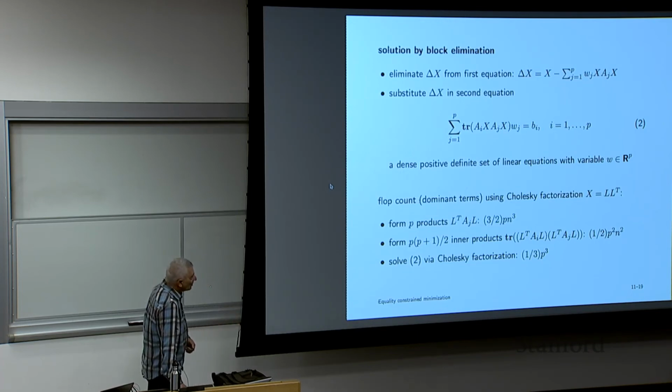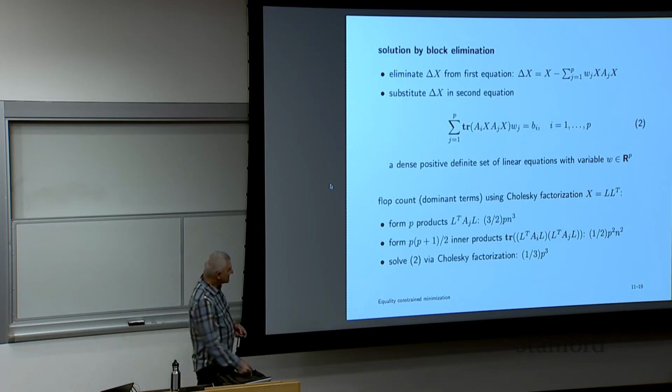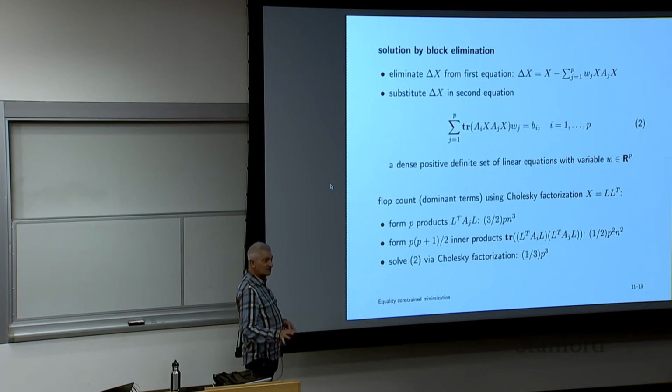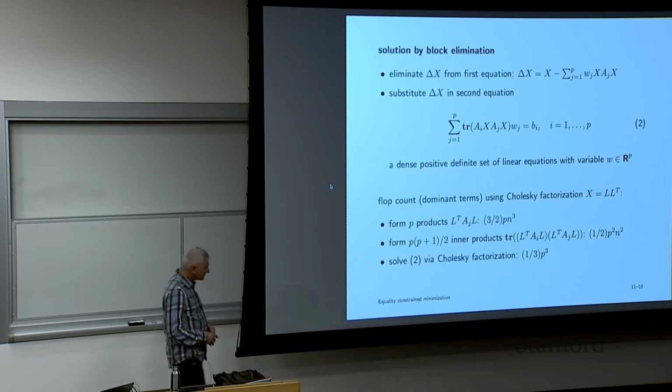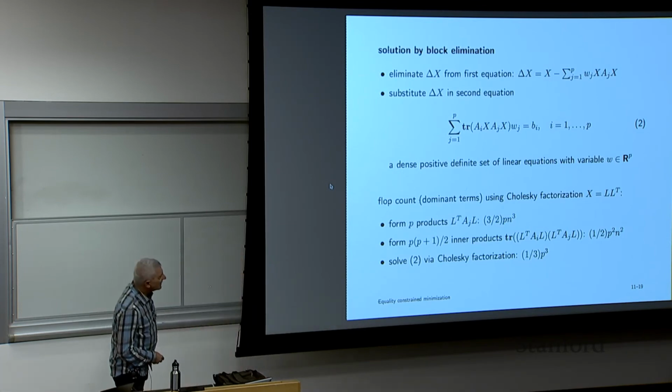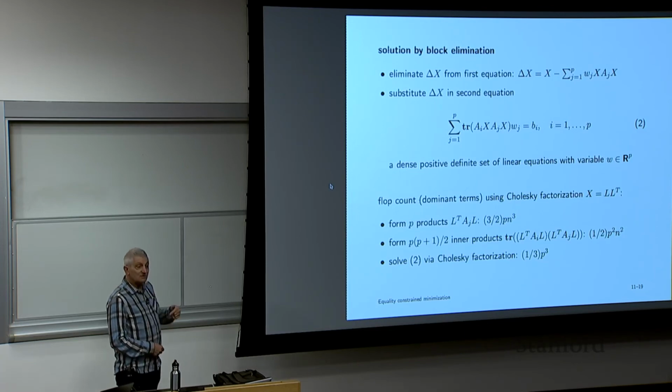But if you work out the whole thing, what's going to happen is you have various things here. P is small, right? But the main thing that's going to cost you is going to be the piece like p squared n squared, or p n cubed, this kind of thing. And notice that the entire thing is now quadratic in n, whereas the super naive method was the 6th power in n, right?